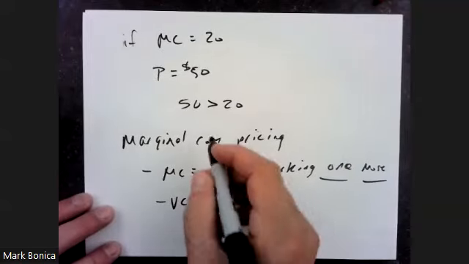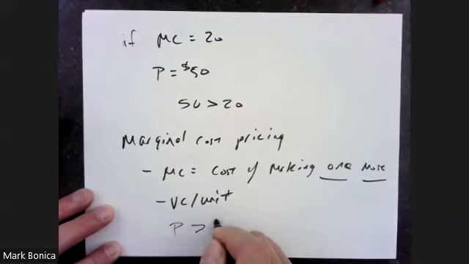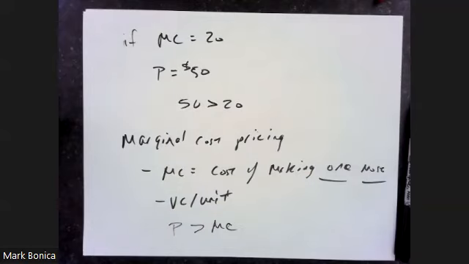You can set a price as long as the price is greater than the marginal cost, right? You might take one more. You might do this when you've earned enough revenue to cover your fixed costs. You can then take lower paying insurance company payments, right?